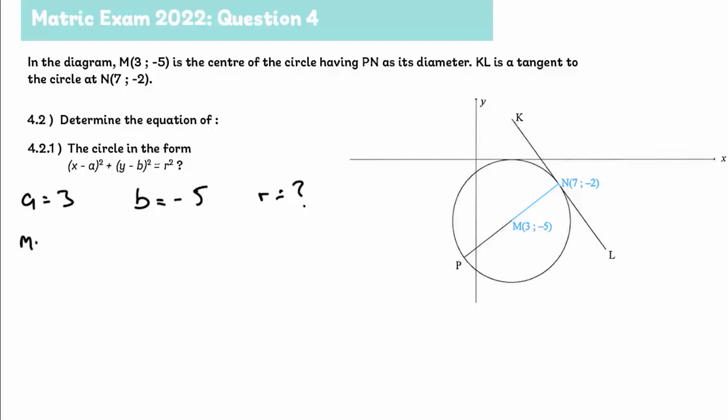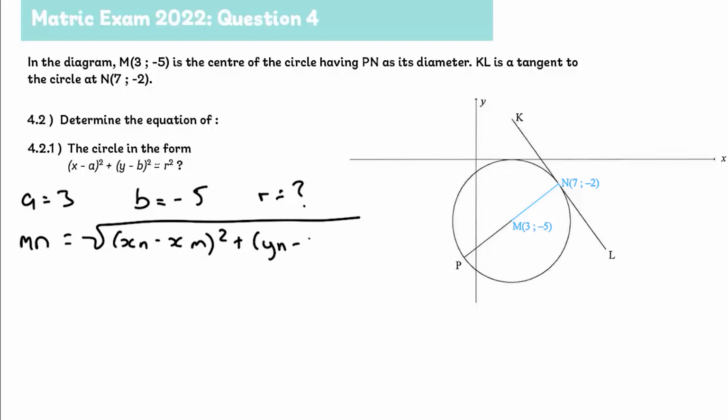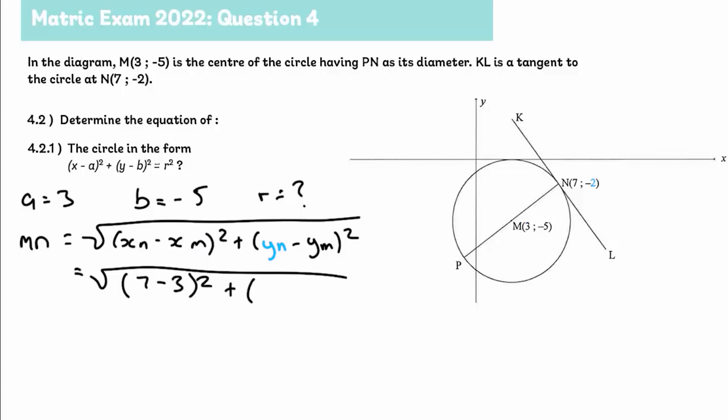So MN is equal to the square root of (xN minus xM) squared plus (yN minus yM) squared. Let's fill in what we have. What's x of N? x of N is 7 minus x of M is 3, that squared, plus y of N, that is minus 2, minus y of M, that is minus 5, and that squared.